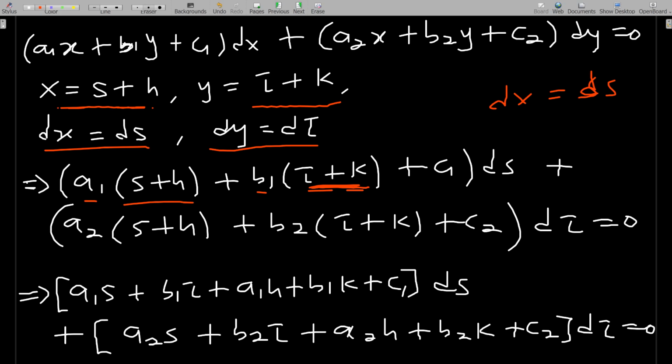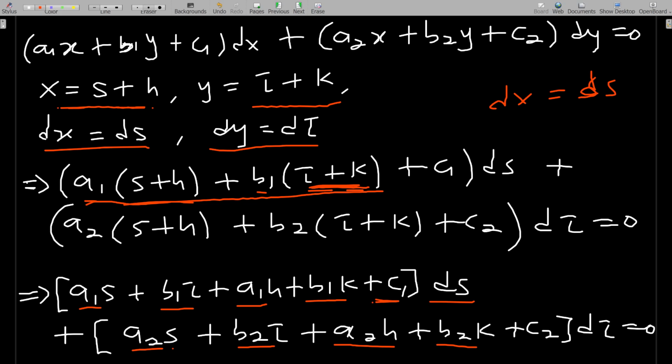So wherever you see x and y, you substitute these transformations in, and realize that when I expand this side of the equation, I'll have (a1 s + b1 tau + a1h + b1k + c1) ds, and (a2 s + b2 tau + a2h + b2k + c2) d tau equals 0. So I hope you can understand this expansion.